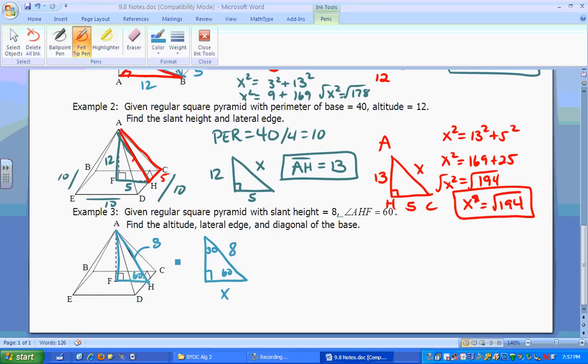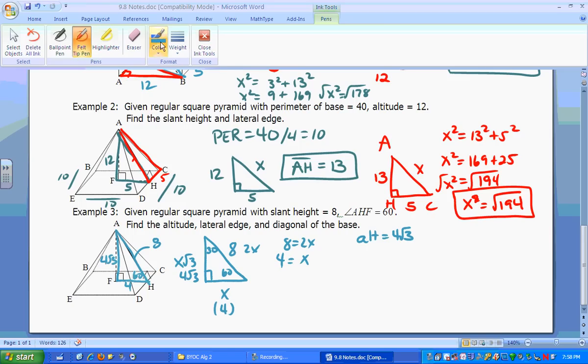Superimpose the triangle over x, x root 3, 2x. So we know 8 is equal to 2x. Divided by 2, x is 4. So 4 goes down here, 4 root 3 goes here. So we just learned that the altitude of the figure is 4 root 3. So we lock in altitude equaling 4 root 3. We also learned that this piece down here is 4.